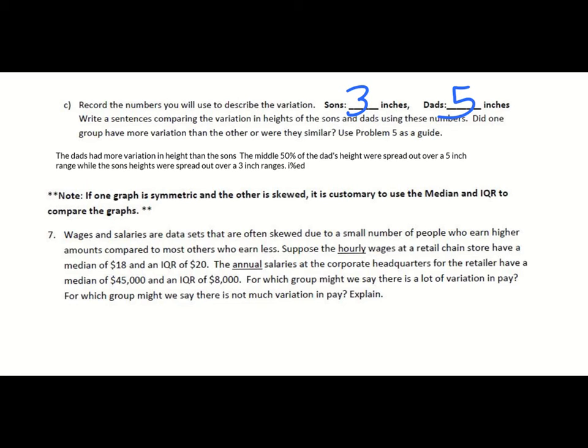For which group might there be a lot of variation? Which group might not have much variation? Your hourly wages have a lot of variation, since the range of $20 for the middle 50% is a big spread for the hourly wages, whereas the range of $8,000 for the middle 50% of the annual salaries is not much variation, because they're much higher salaries to begin with.